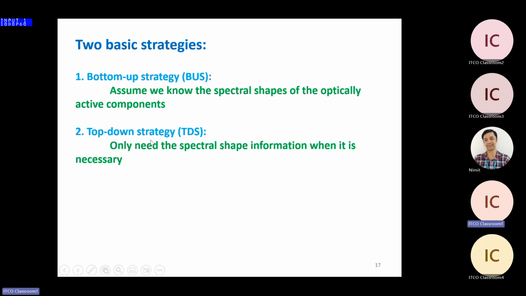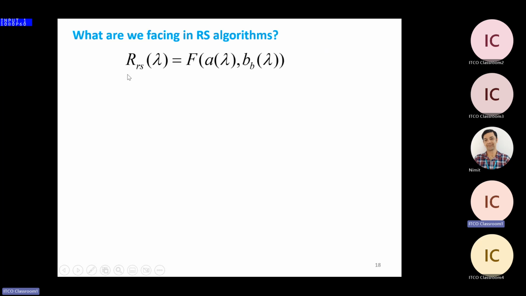Another way is top down. Basically, in this strategy, we only do the things we want. We do not model each component as in the bottom-up strategy. I will get to the details of both. First, we have to really understand the challenges we are facing in ocean color remote sensing.